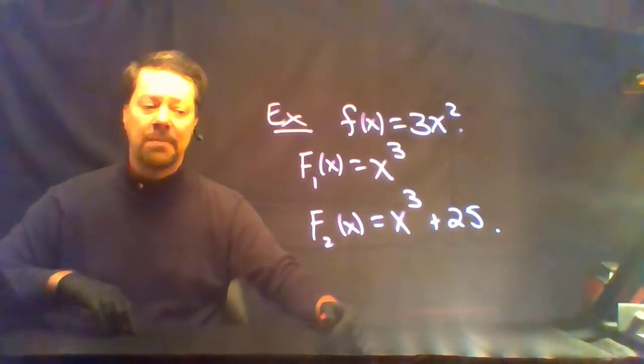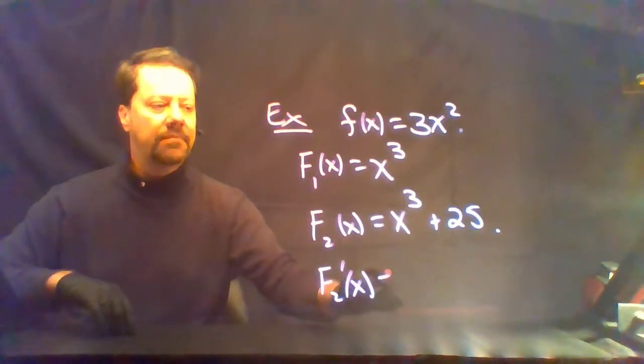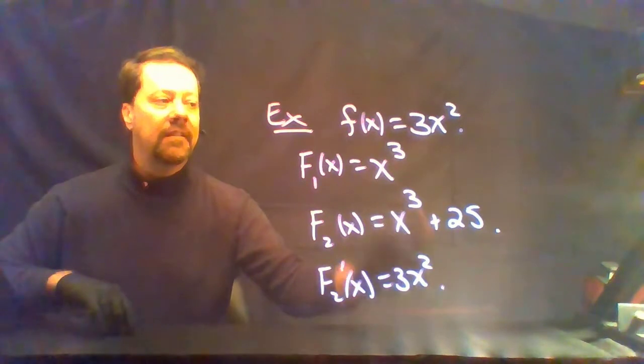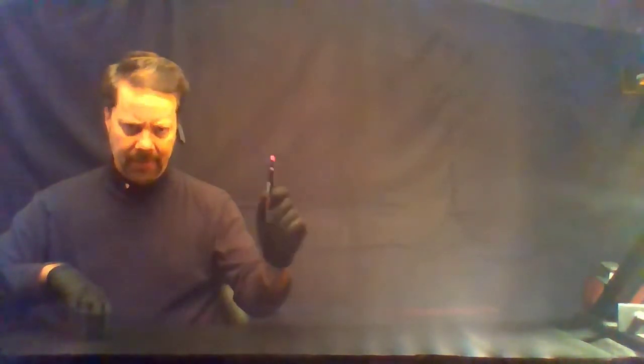The answer is yes, because if I take the derivative of this, I still get 3x squared. As you can see, antiderivatives are not unique. However, there is a relationship between all of the antiderivatives of a given function.